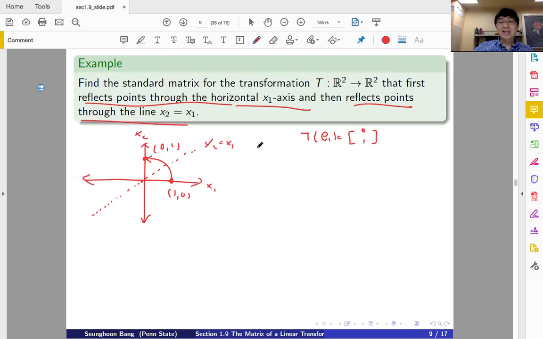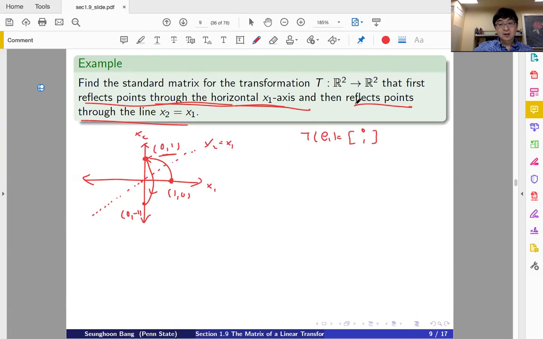Next, what about e2? This is e2. First, reflect about the horizontal x1 axis. You have to reflect. This one is (0, -1).